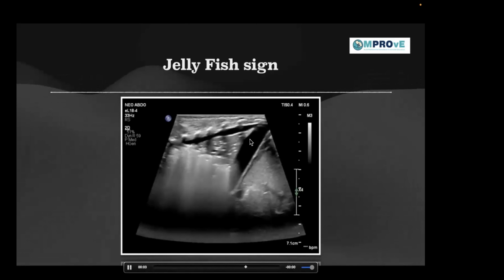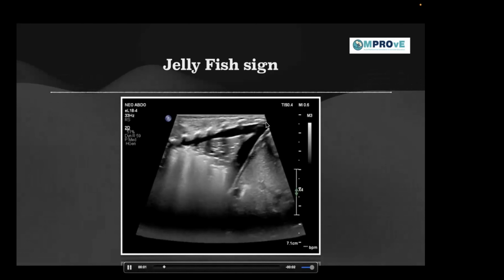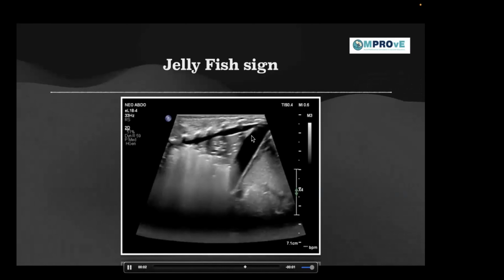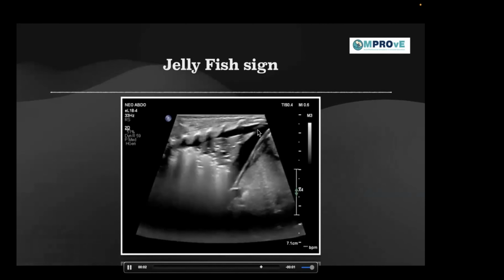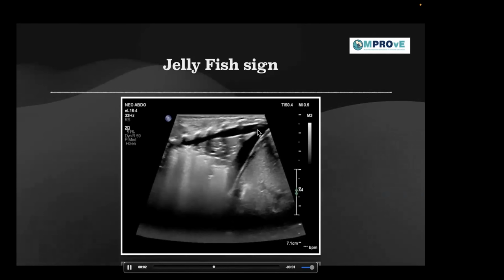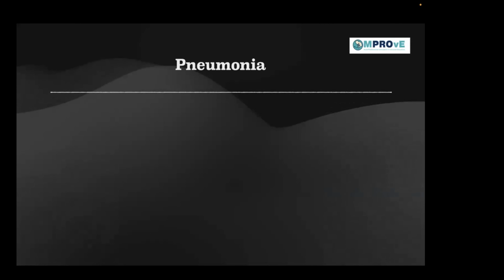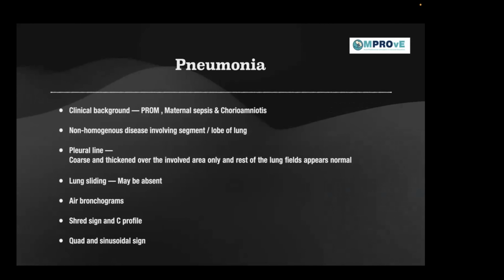And when you zoom in on this particular area and scan here, you will see this tip coming into the view and going away from the view. If you see that, that's called curtain sign. Like a curtain, it comes and closes that gap when the baby breathes in, and with expiration, it goes away like the curtain, and then it opens up this space.